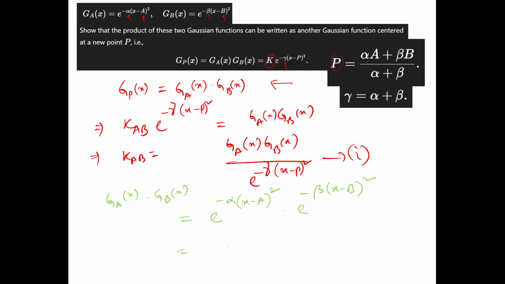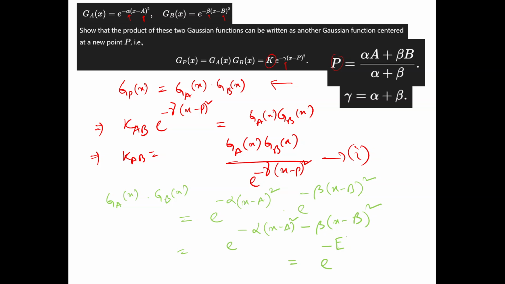And you can write this as e to the power minus alpha (x minus a) square minus beta (x minus b) square, or let's say minus E. So I'm writing the exponent like this.